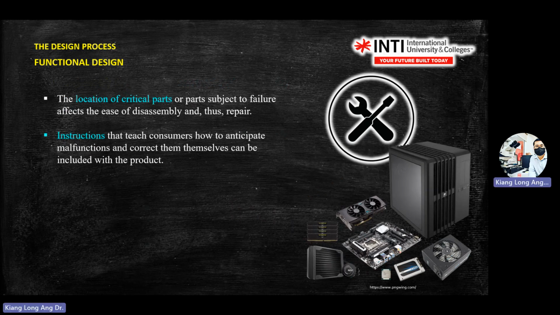Okay. Another one is when you design something, make sure you focus. When it comes to functional design, try to identify the critical parts or critical locations that always break down. In fact, this critical location is also how the company makes money.